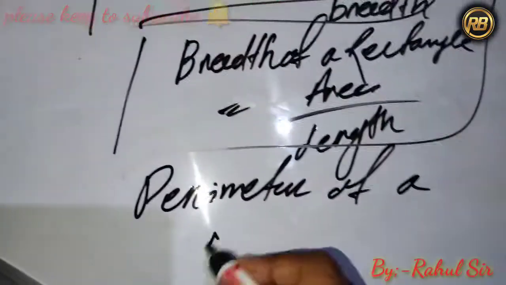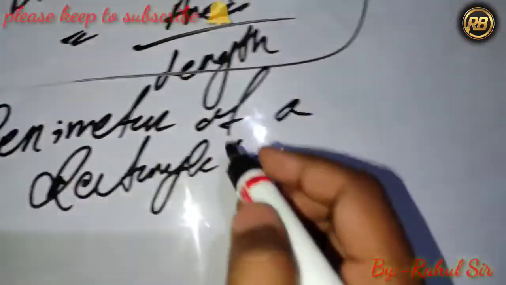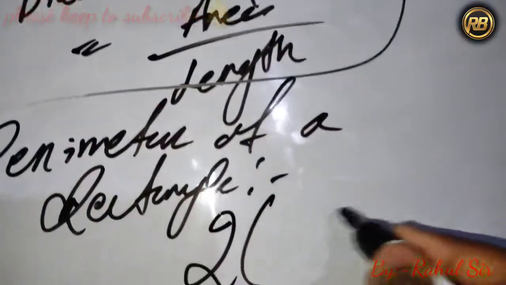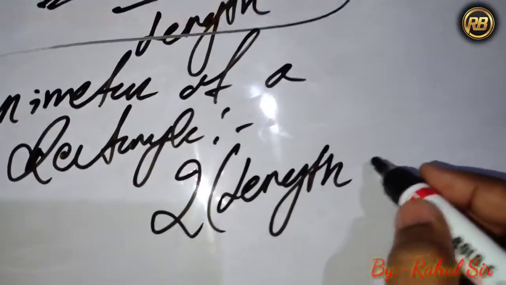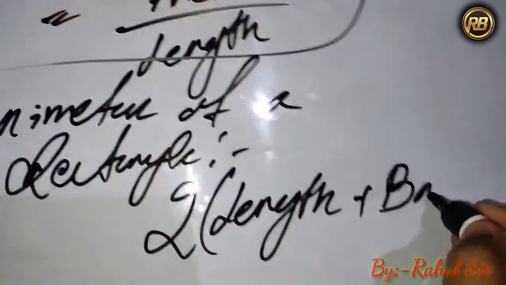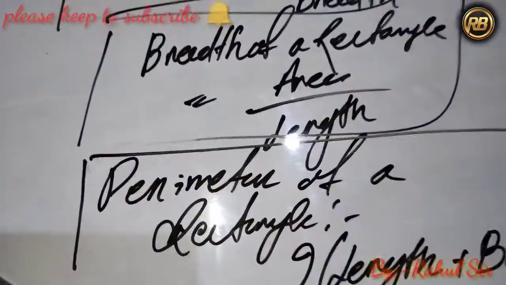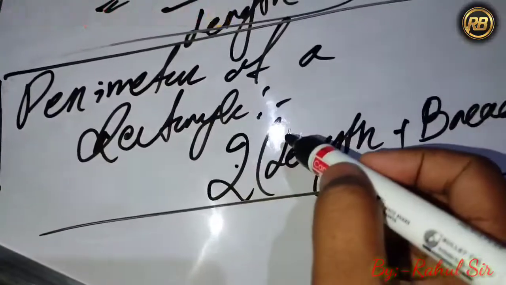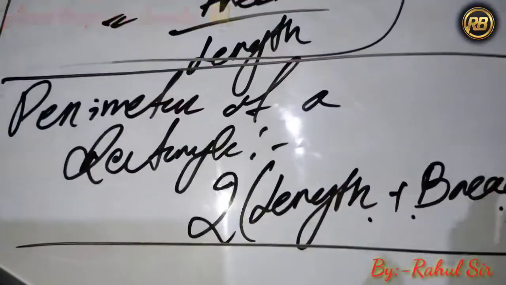The perimeter of a rectangle is equal to 2 times (length plus breadth).